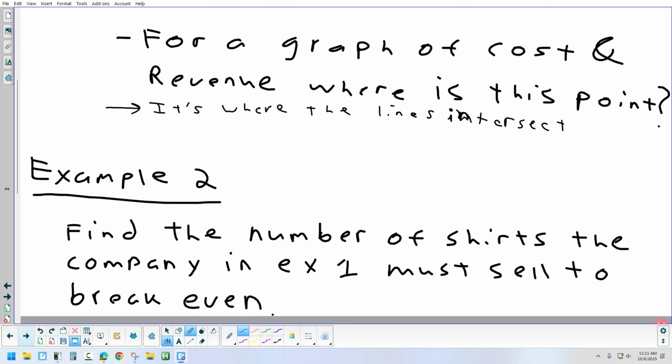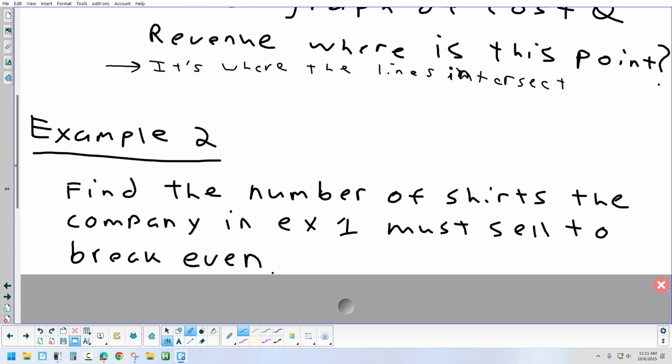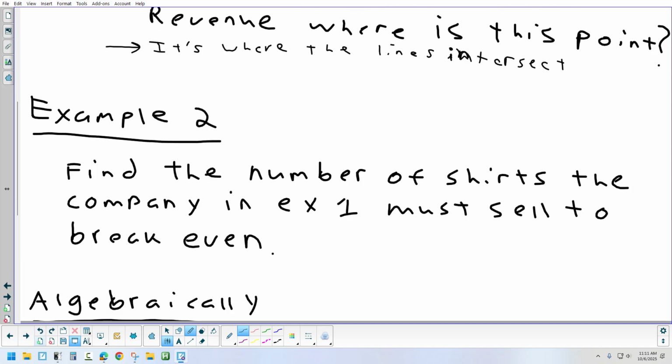All right, so let's figure out the number of shirts that the company in that example has to sell to break even. We're going to do it two different ways. The first way we'll do it is algebraically, and the second way we'll do it on the calculator. What is the definition again of break-even point? It's where the two lines intersect.